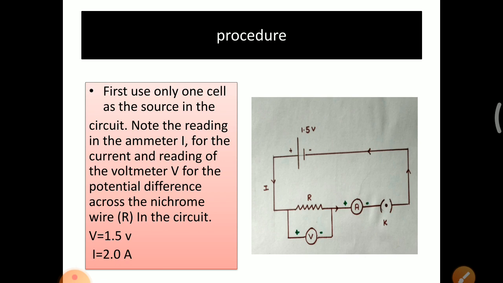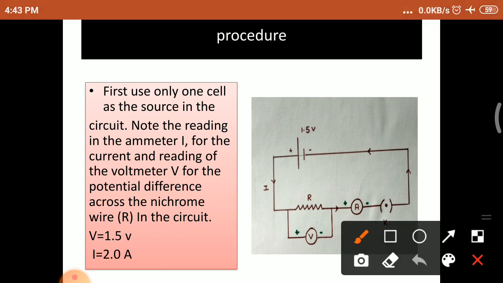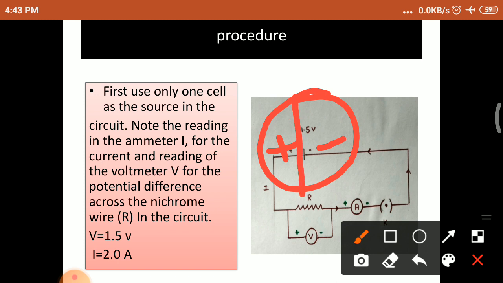The procedure for this experiment is, first use only one cell as the source in the circuit. So here I used only one cell. The cell has a positive terminal and a negative terminal. The long terminal is positive, the short terminal is negative.